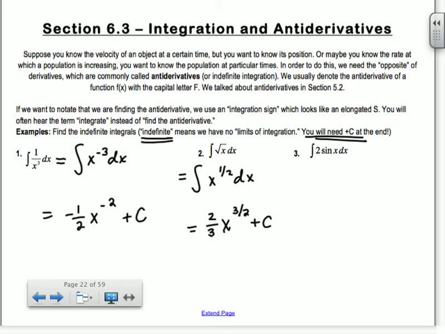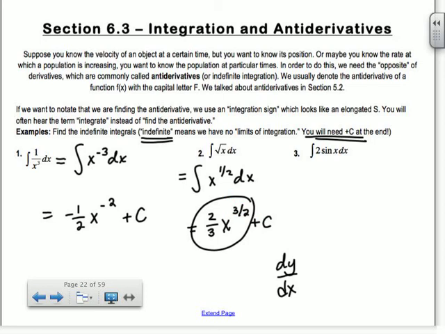So if I started with this one, how do you find the derivative, Catherine? You subtract 1 from the power, right? So what if I was going the opposite way, you would have to add 1, right? And then once you get that power, I always just use the reciprocal for the number out front. Mm-hmm. Yep.